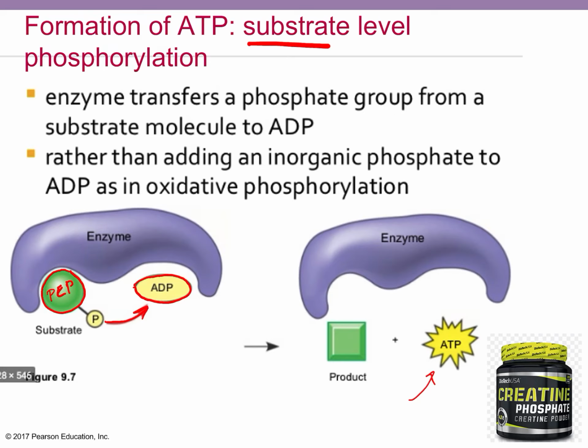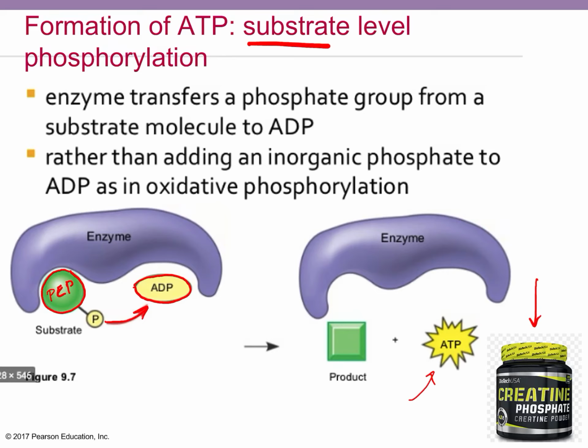This is something that can be done without oxygen, as you can see. Most of the ATP made in your body is not done through substrate level phosphorylation. It's done through oxidative phosphorylation, but this also is a way that you can make ATP.